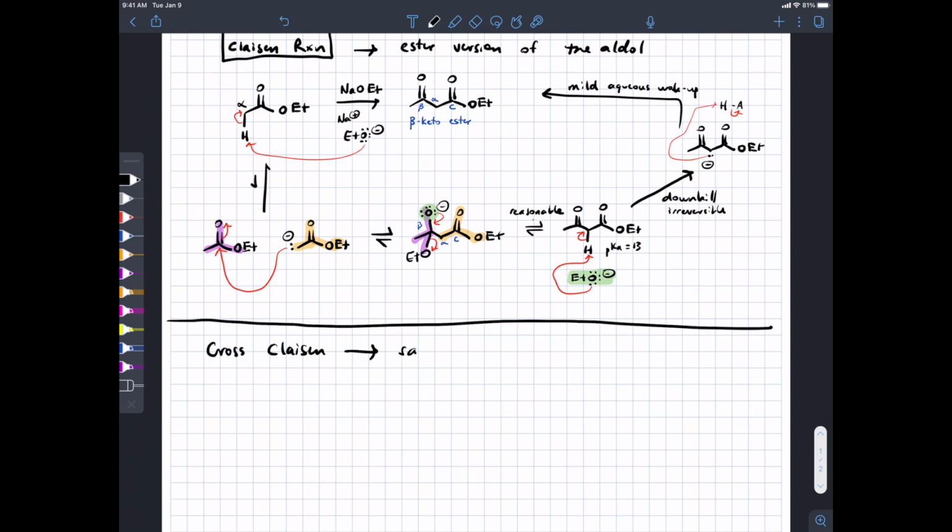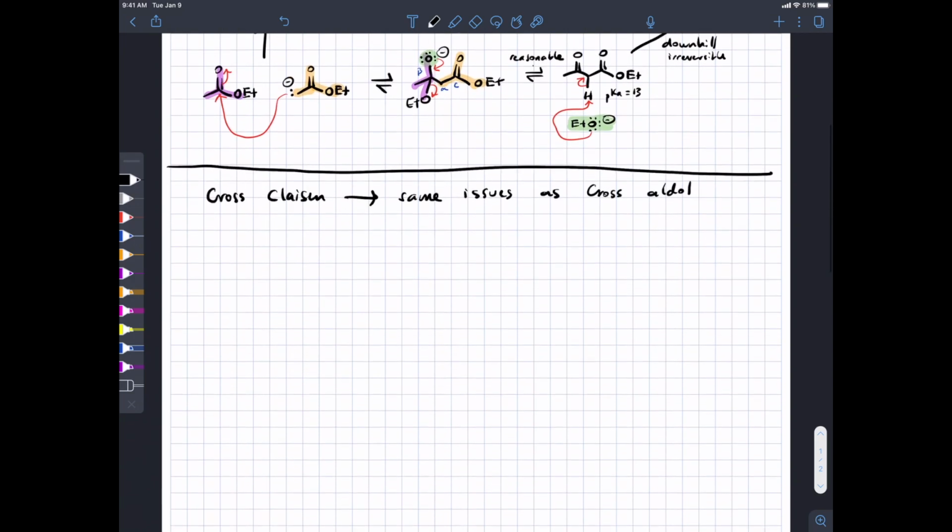It has the same issues as the cross-aldol, and so we can approach it similarly. One way is to use as your electrophile an ester that has no alpha protons.